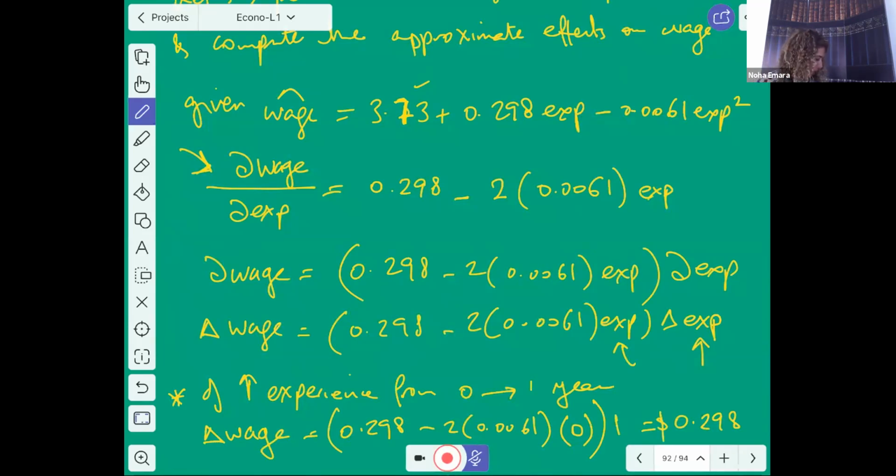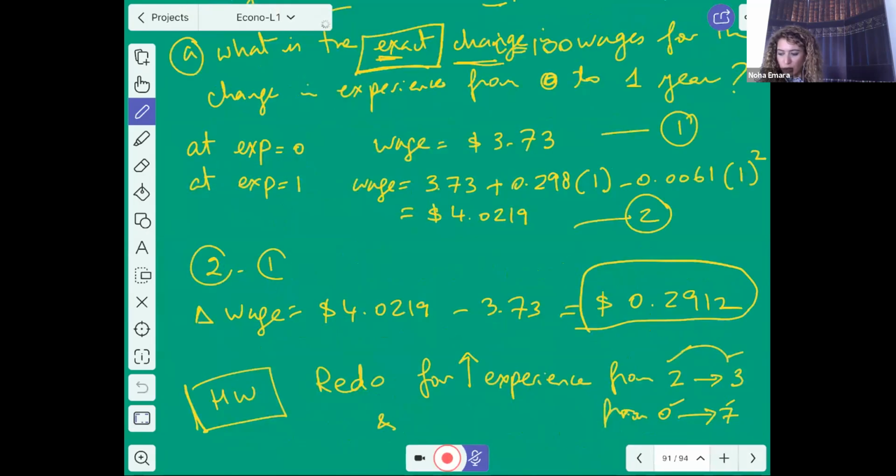So the approximate change in wage because of the change in experience by 1 year is about 29, about 30 cents, right? Which is the same as the answer we got. We're very close to the answer we got here.